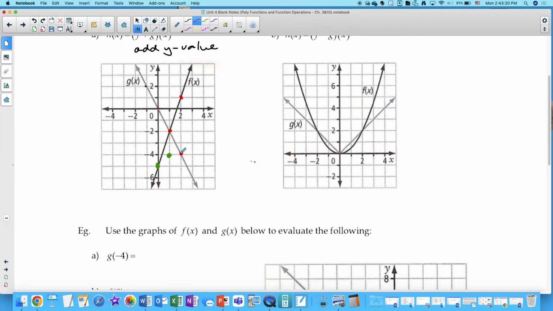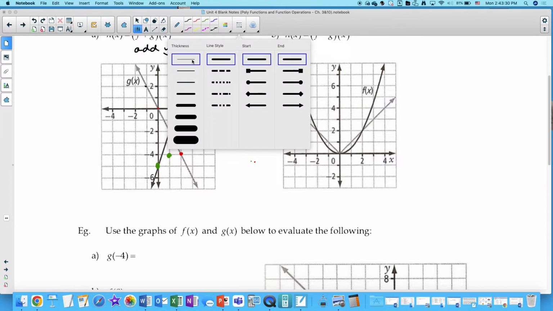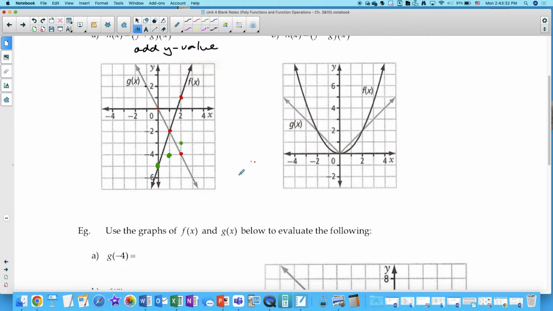Negative 3. Yeah, so you can kind of see it looks like this is going to be linear. And we'll do one more. When x is 3, f of x is 4, and g of x is negative 6. So 4 plus negative 6 is negative 2. And we can see that this is going to make this linear function.